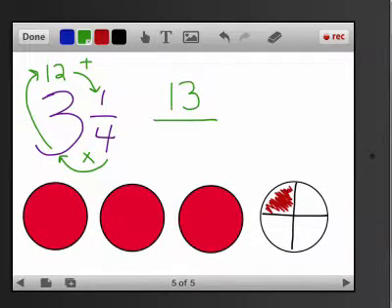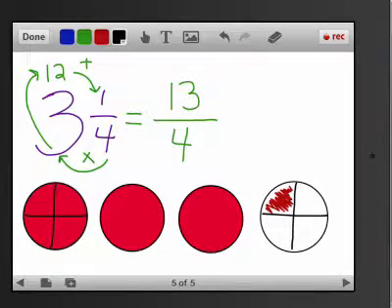What do I have for my denominator? Once again, I have a 4 down at the bottom. So 3 and 1/4 is equal to 13/4. Let's see if that works out with my picture. I have 13/4, so I need to make my circles into 4 equal sections. Trying the best I can with drawing here.